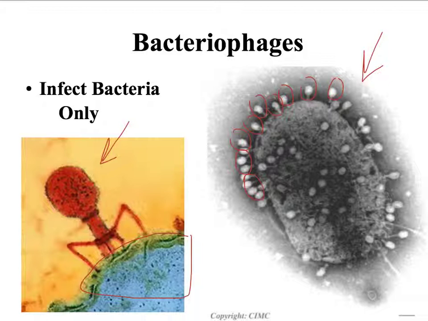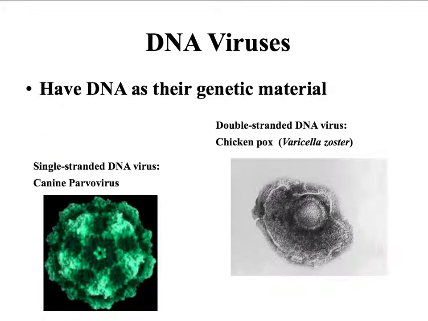They kind of look like little spaceships. They have these legs here that they attach to the host cell. Inside of here we would find all kinds of DNA that it literally injects almost like a needle into the host cell.